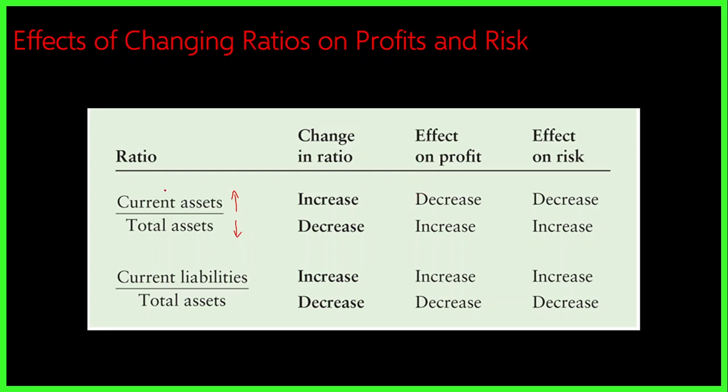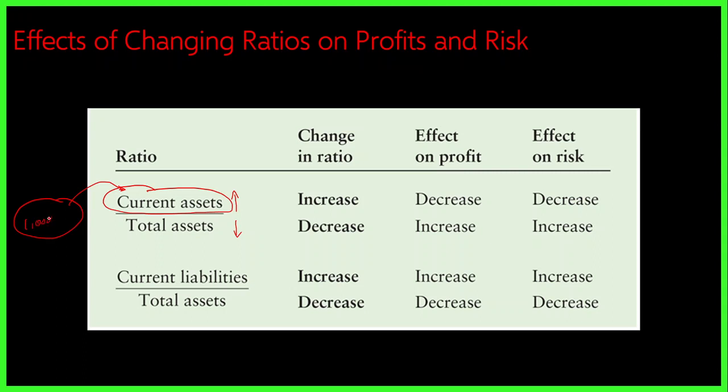Take note, the level of your current assets is affected by how much you invest in your current assets, which means that the more you invest in your current assets, the more capital tied up in your current assets, there will be more opportunity cost for you to earn in investment. For example, you have an investment here.